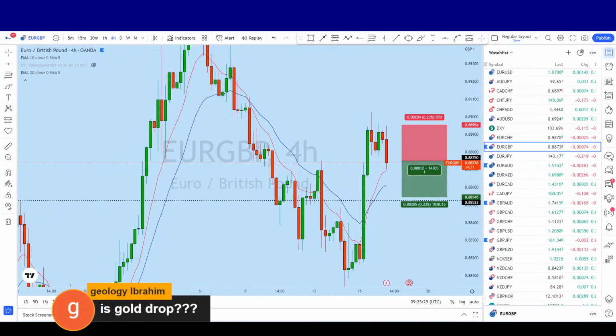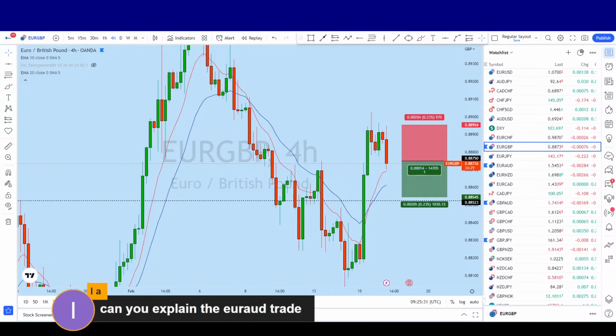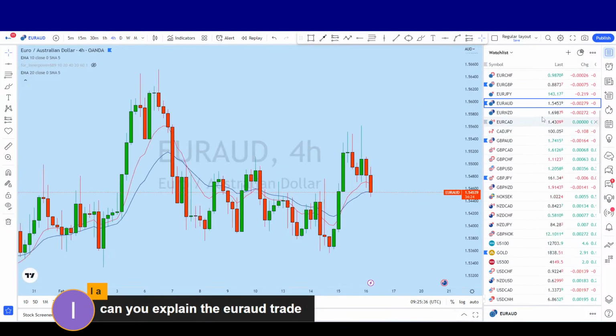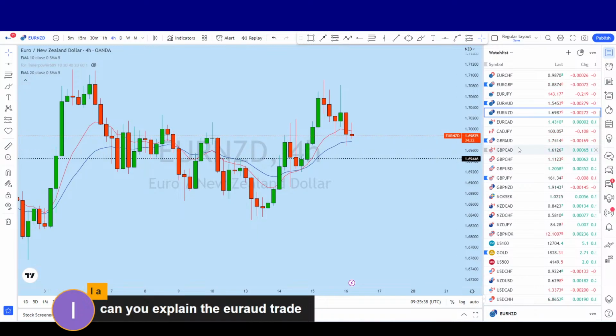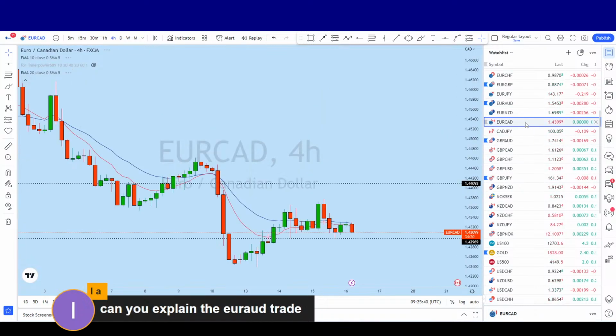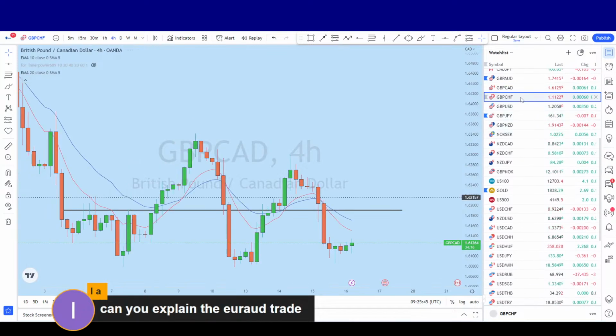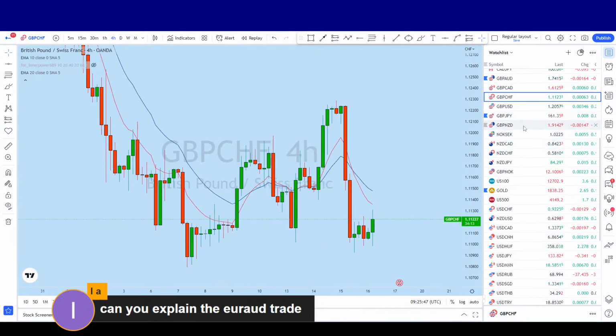Okay, Euro AUD, we entered Euro GBP. Now if you entered Euro AUD, the same thing, it was also a valid trade. I'm looking at other instruments, how they are doing.